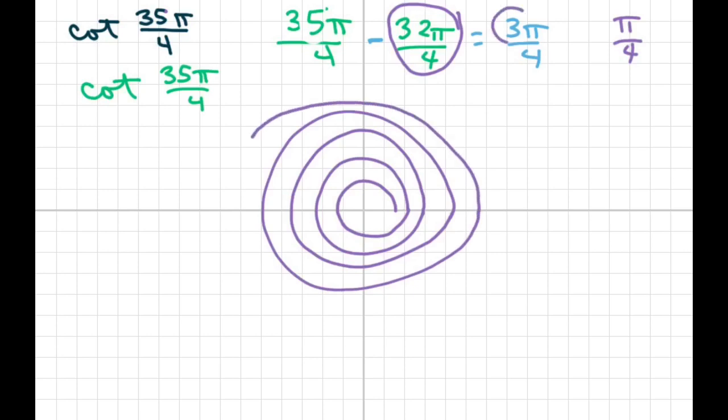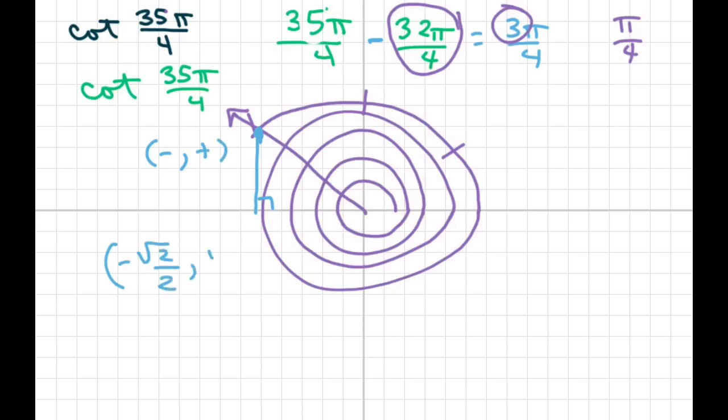That's 3 45s: 1, 2, 3. And there's your terminal side. In quadrant 2, your x is negative and your y is positive, so that's negative square root of 2 over 2 and square root of 2 over 2.